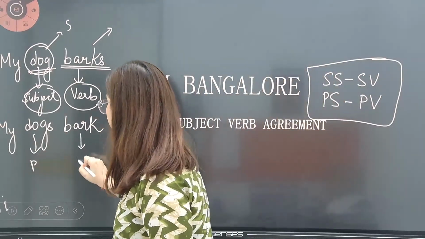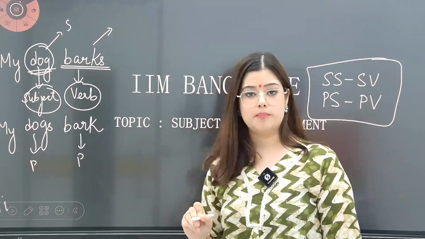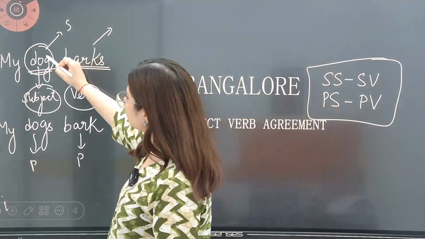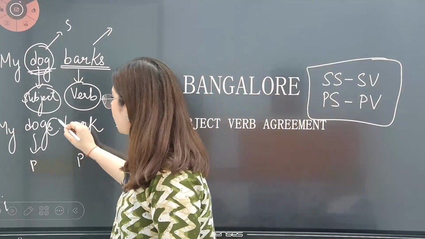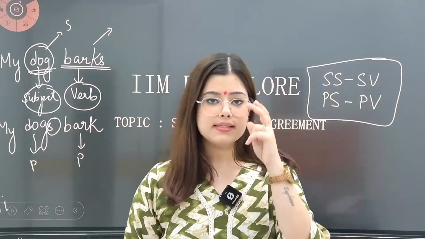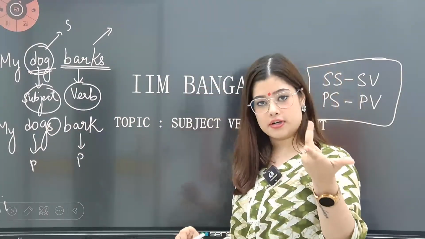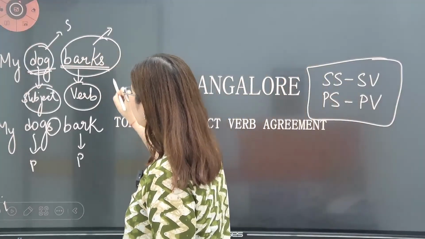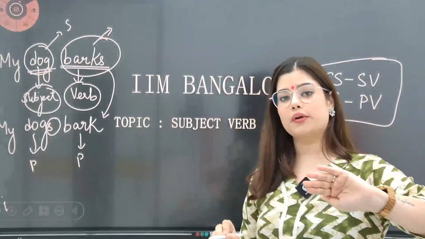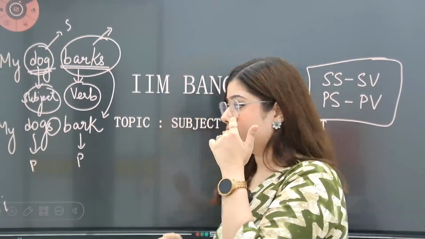Plural subject, plural verb. In order to change the subject from singular to plural, we mostly add s or es, and reverse in case of verb. In order to change a verb from singular to plural, we tend to remove s, right?